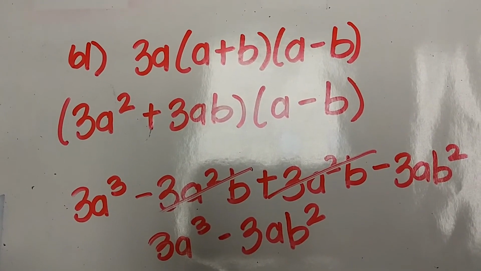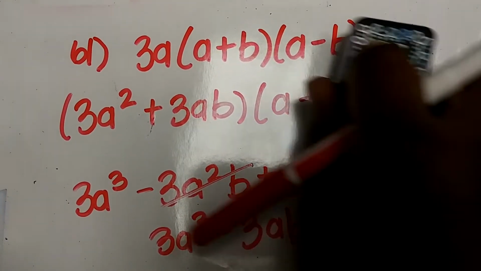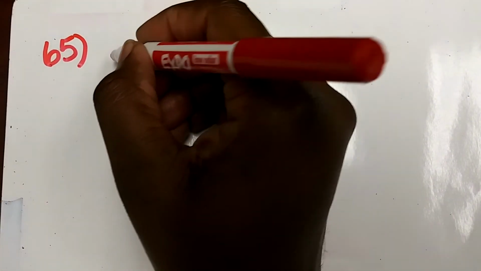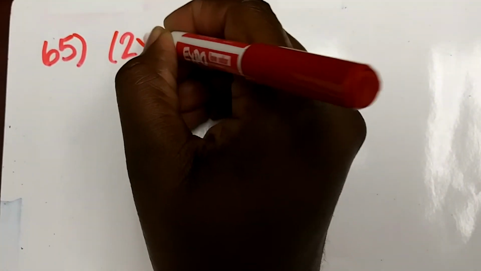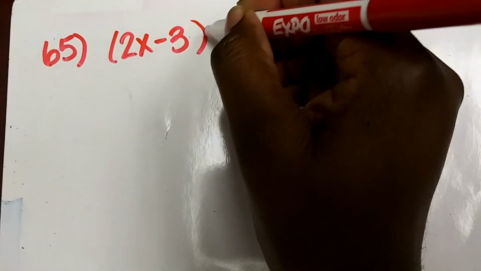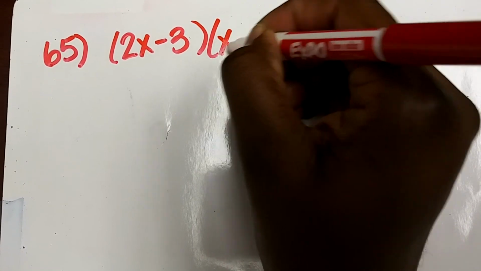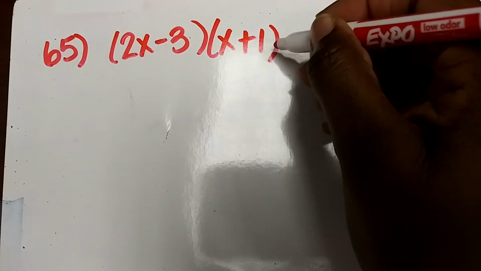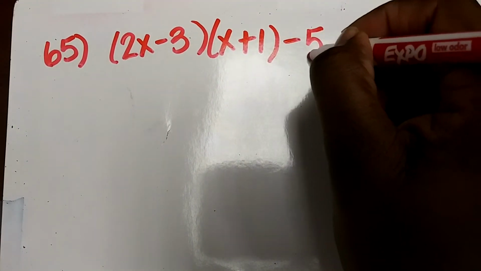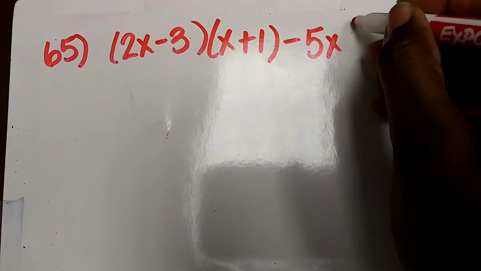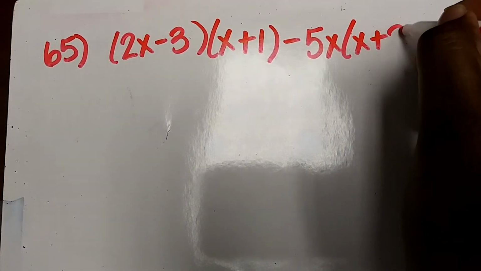Look at number 65. I have 2x minus 3 times x plus 1 minus 5x times x plus 2.